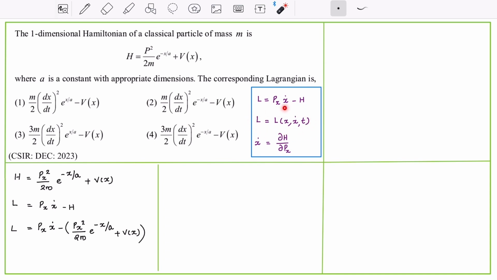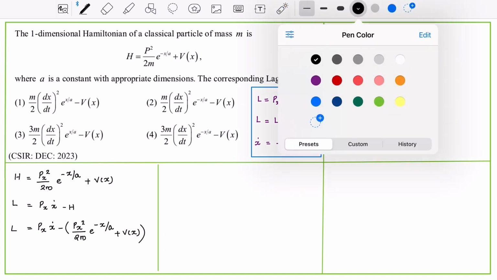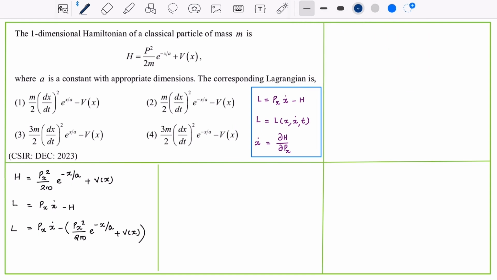That is, a Lagrangian should contain x, x dot and t, and it should not contain p_x. So in order to write the equation for the Lagrangian, we have to replace the p_x term with x or x dot. So how to replace this p_x term with x or x dot?